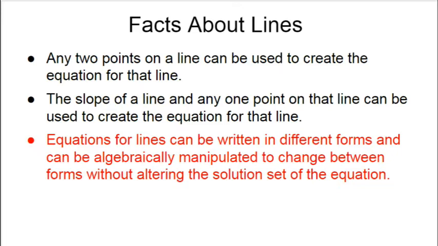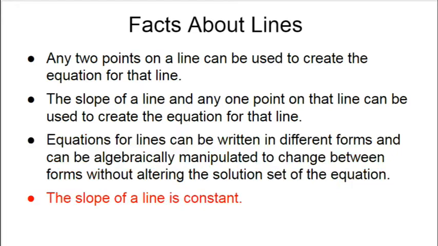Equations for lines can be written in different forms and can be algebraically manipulated to change between forms without altering the solution set of the equation. We're going to add another fact about lines. The slope of a line is constant.